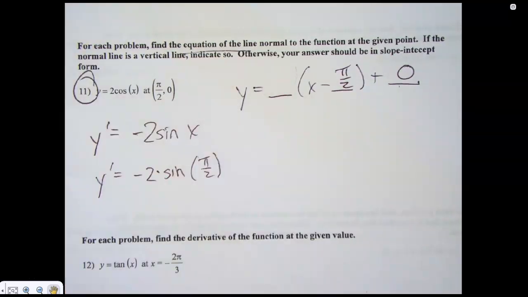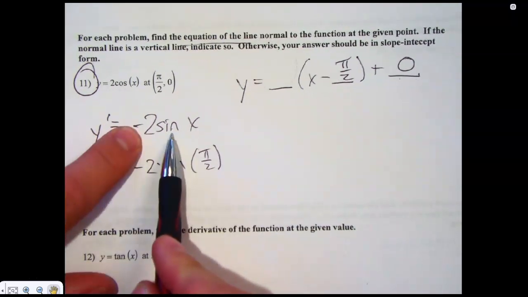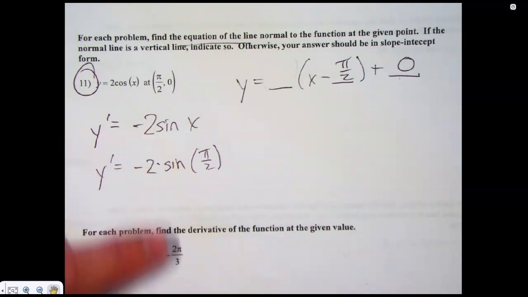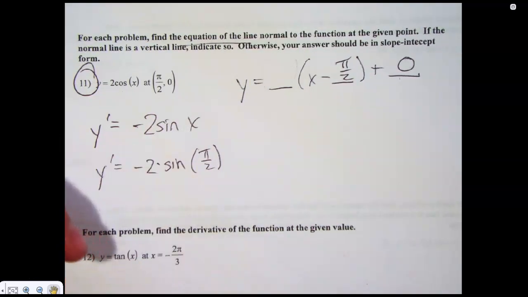So that puts me up. The derivative of cosine x is negative sine x. So the cosine became negative sine and the 2 just dropped. I just put the negative in front.